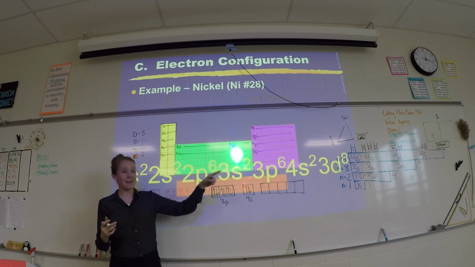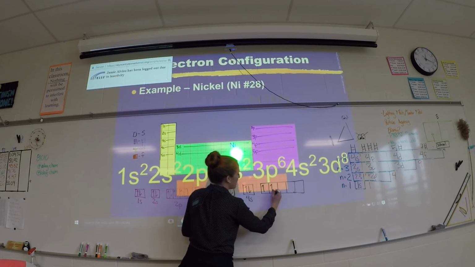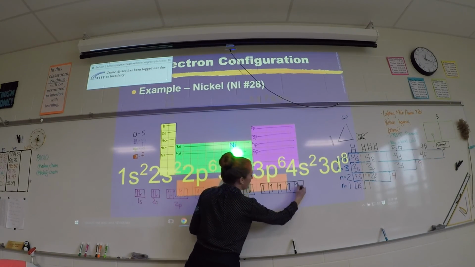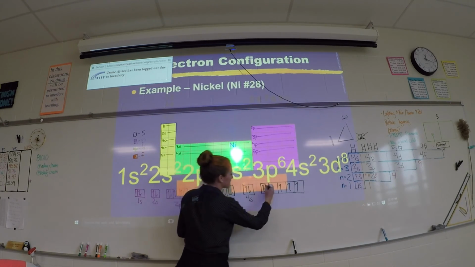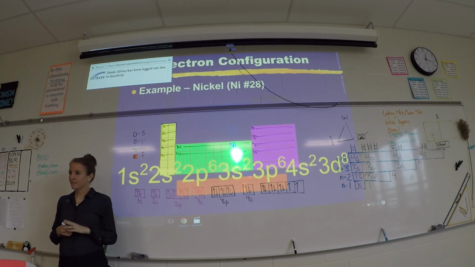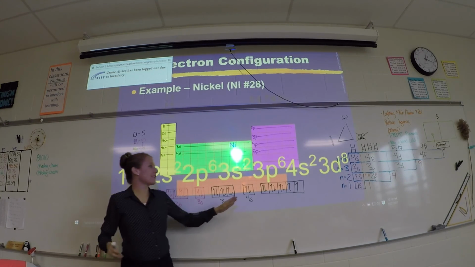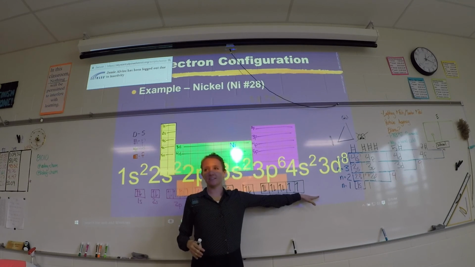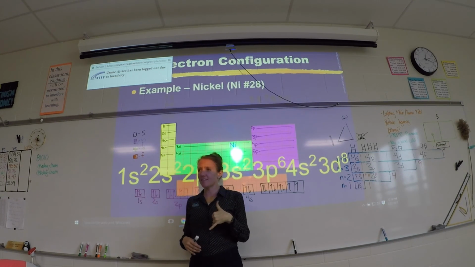I only have 8 electrons, so first you put 1 in each: up, up, up, up, up. Then we fill the last 3, so we go down, down, down. Even if you only had 1 electron in the d, you'd still have all 5 boxes and then just 1 arrow. Any questions on that?